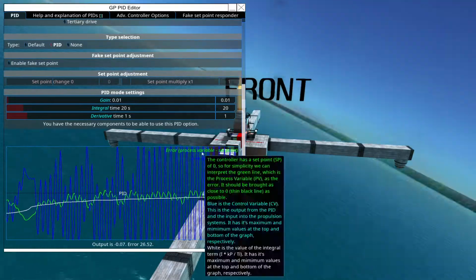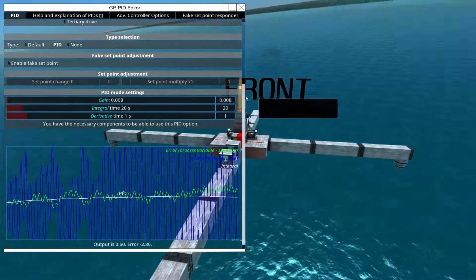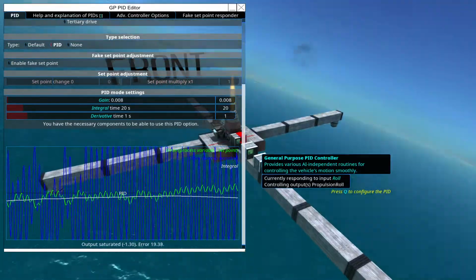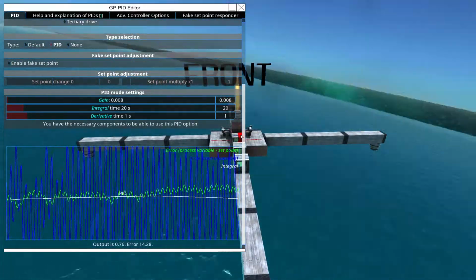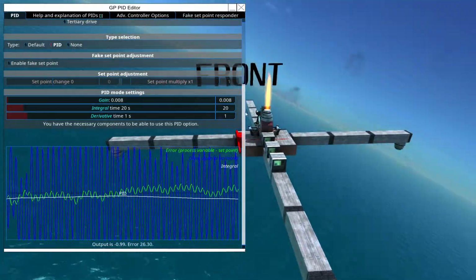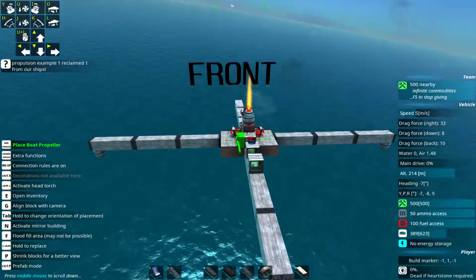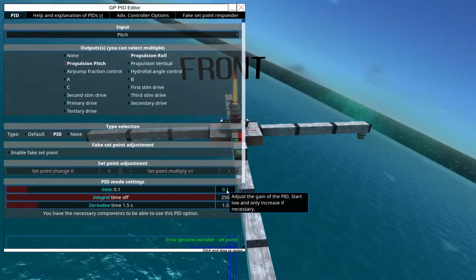Yeah, now it just comes down to trial and error, basically. And what might help is if we try to calm down the other PIDs as well, because they might have an influence. So let's remember those settings and just put them in here as well.